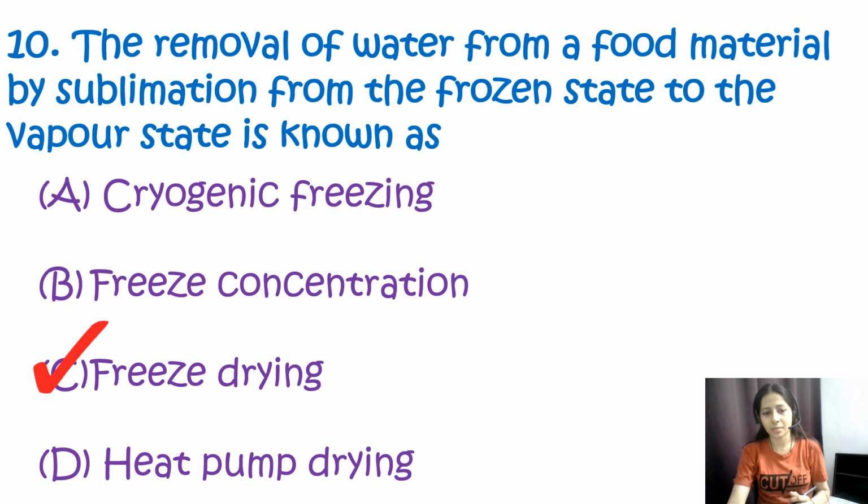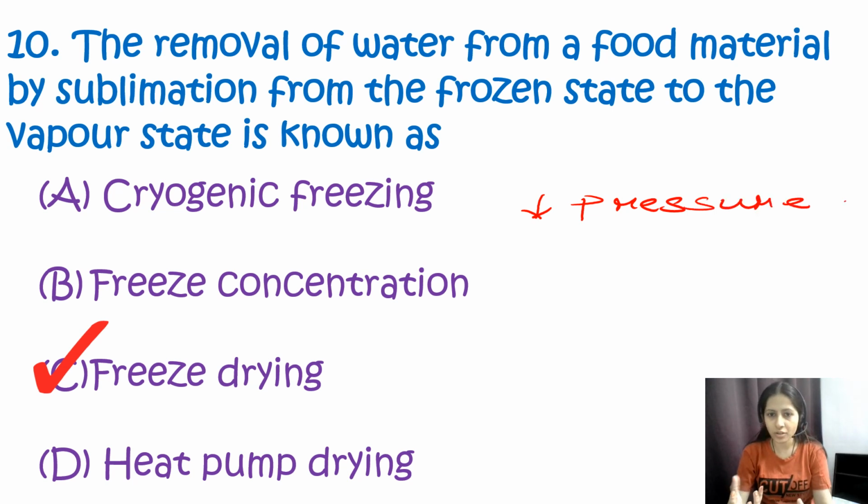Actually, in this process the food material is subjected to low pressure, which allows the frozen water to sublimate directly to its vapor phase, which leaves behind the dried product of the food.